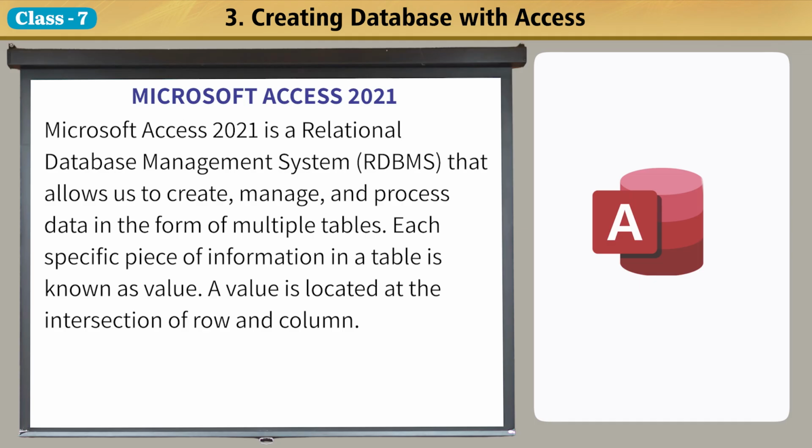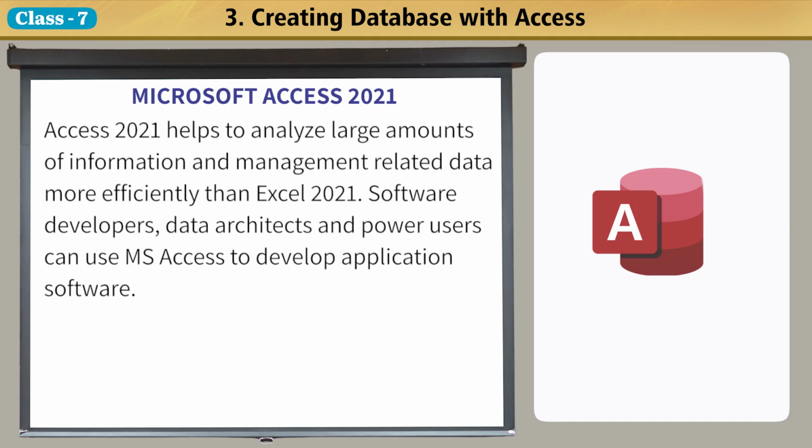A value is located at the intersection of row and column. Access 2021 helps to analyze large amounts of information and management-related data more efficiently than Excel 2021. Software developers, data architects, and power users can use MS Access to develop application software.